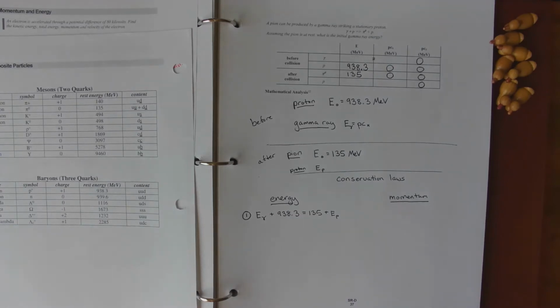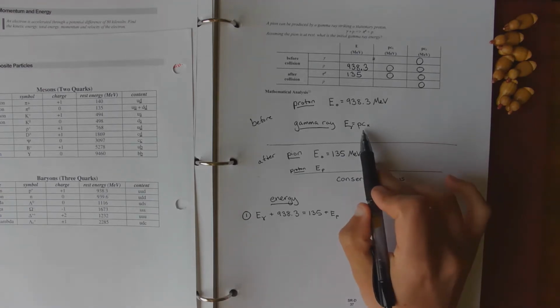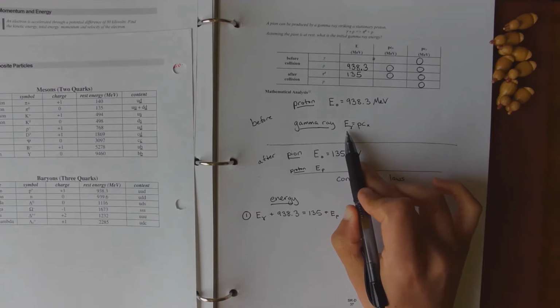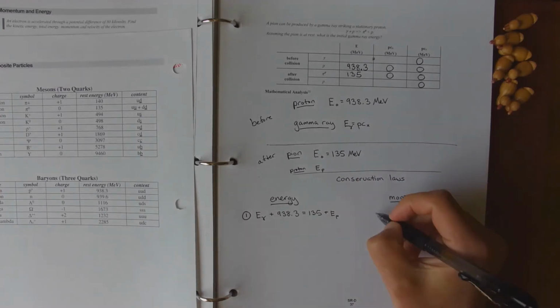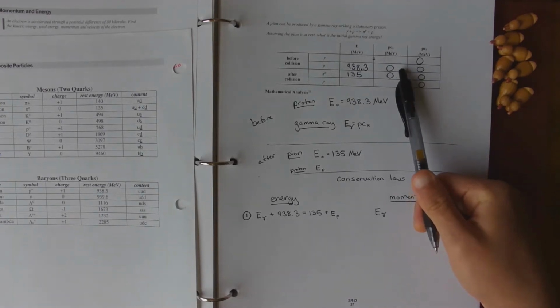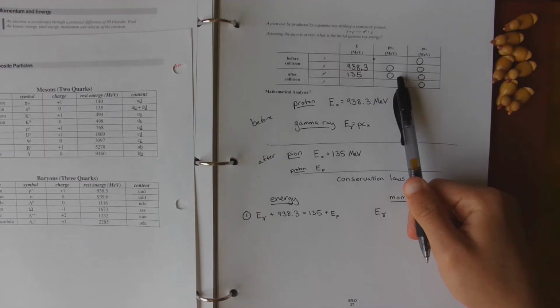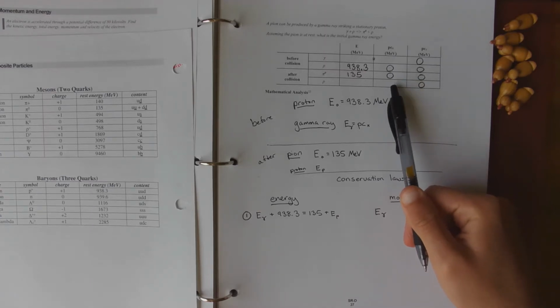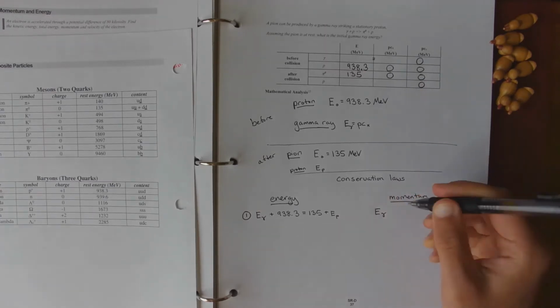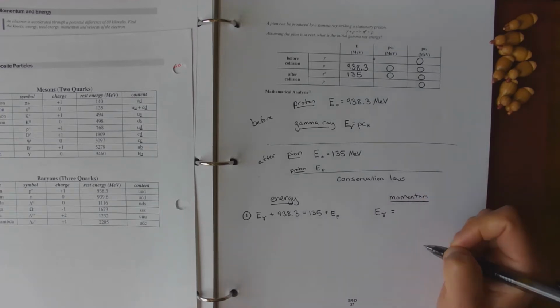So our other equation is going to come from conservation of momentum. So for the gamma ray, the momentum in the x direction is equal to the total energy. So we have E gamma plus 0 for the proton before the collision is equal to 0 for the neutral pion after the collision, plus the momentum for the proton after the collision.